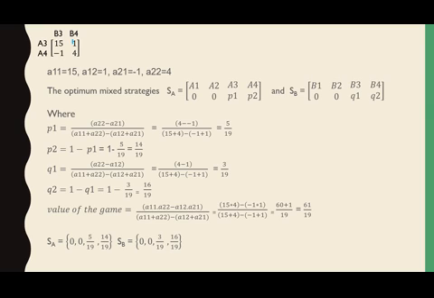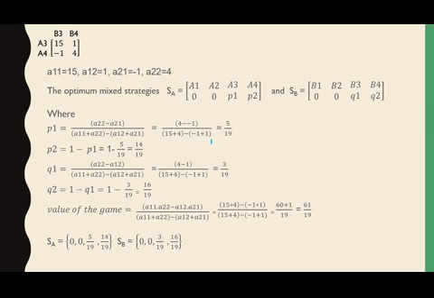So you will get, whichever rows are deleted, first row, second row were deleted, so I get a 0 and 0 for it. First column and second column were deleted, so I get a 0 and 0 for it. I am left with B3, B4, A3, A4. So substitute those values. A11 is 15, A12 is 1, A21 is minus 1, A22 is 4.